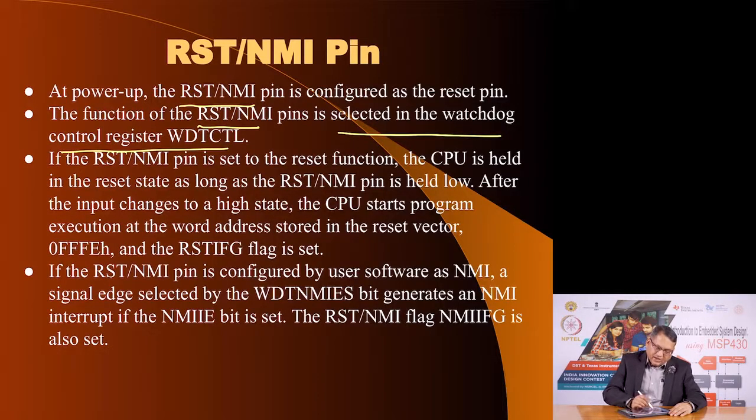Then if the RST NMI pin is selected as a reset function, the moment you press this switch, that is you hold the logic on this pin to 0, it will reset the processor and keep it in reset state as long as you hold this pin 0, and when you release it, it will let the microcontroller execute the program, for which it will go to the reset vector. As we have discussed, the reset vector is at this address, and from this address, it will find the address of the first instruction in the flash program memory and it will execute it. It will also set up this RST IFG flag, so that you know what is the source of that reset.